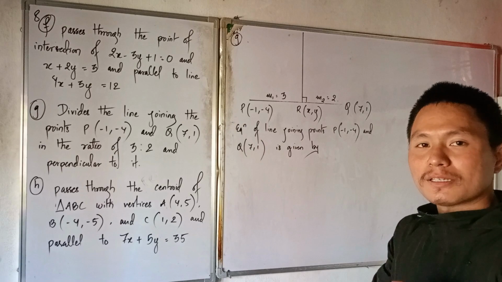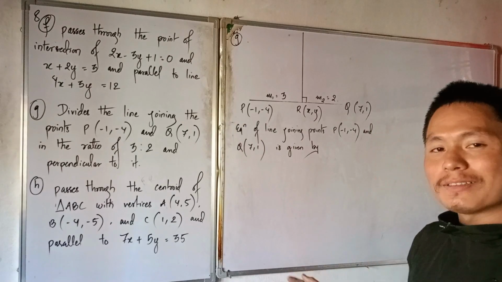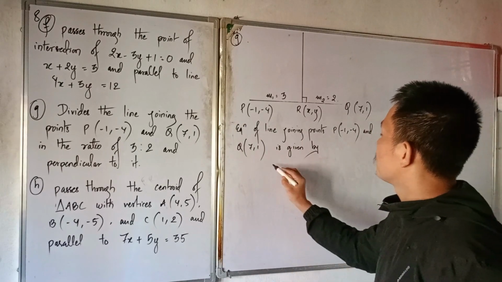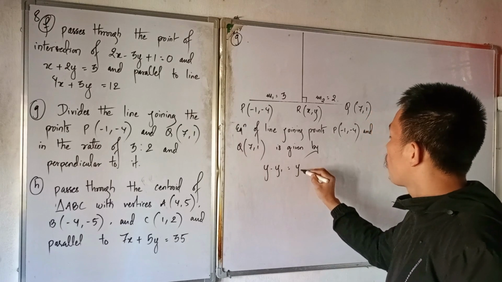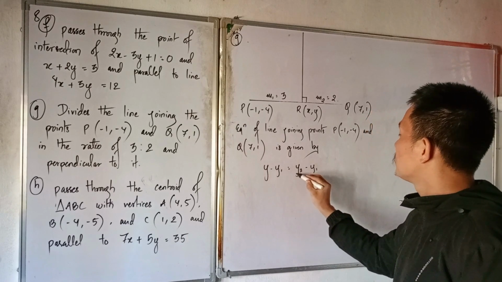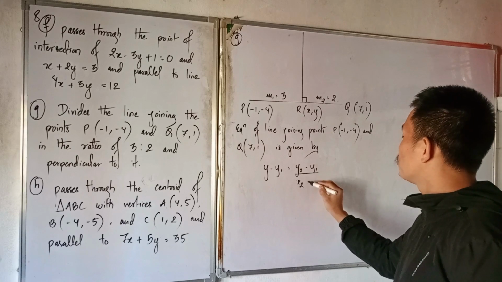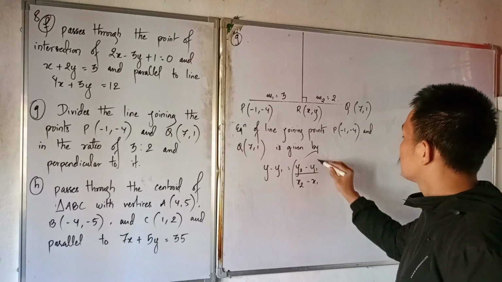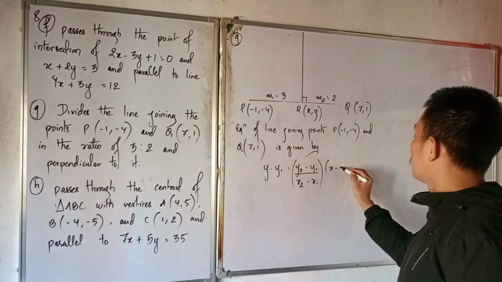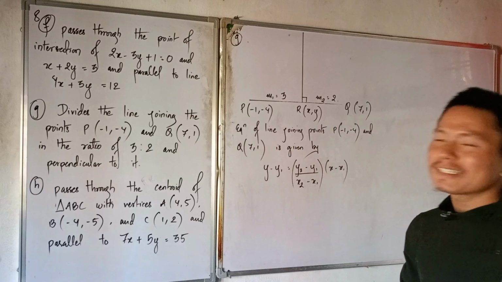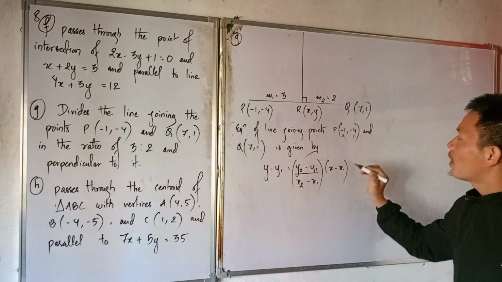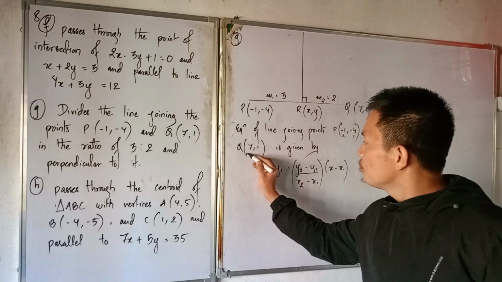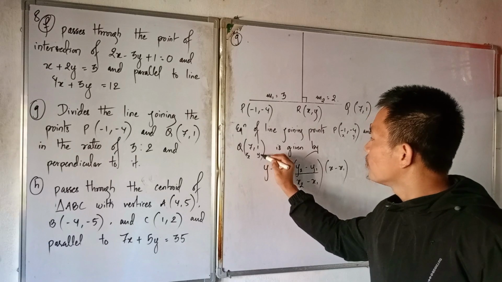the formula, which you have already read in class 9 also: y minus y1 equals (y2 minus y1) divided by (x2 minus x1), times (x minus x1). In this case, suppose this is x1, y1 and here Q is x2, y2.